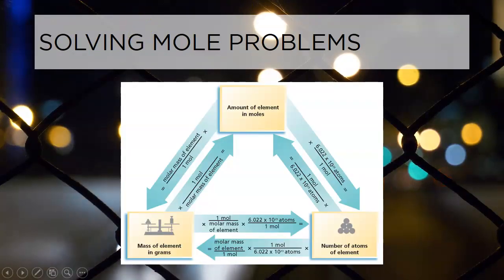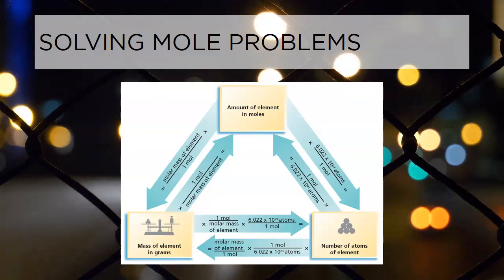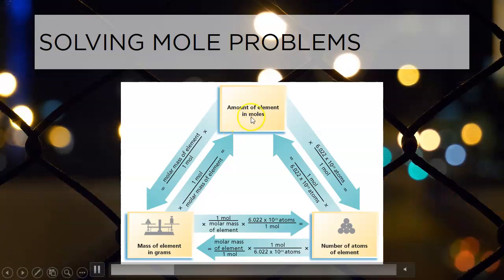So here's a little handy chart I drew on the board. It's got mass, atoms, and moles. And it tells me if I want to go from grams to moles, all I have to do is divide by the molar mass, which is found on the periodic table.